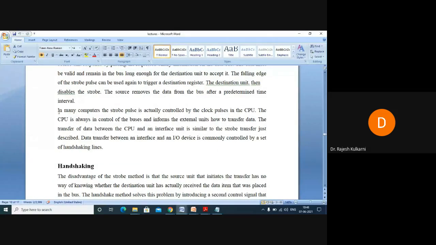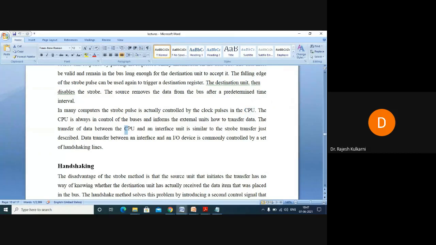Now, let us focus on this last paragraph, which says that strobe pulse is controlled by clock pulses of the CPU. CPU always controls the buses, and it informs the external devices how to transfer the data. So basically, CPU is controlling the strobe pulse.